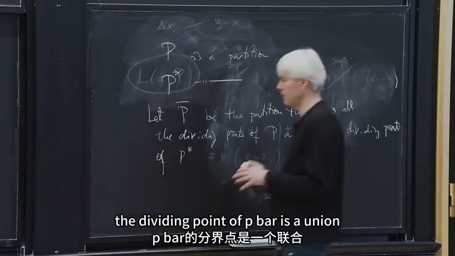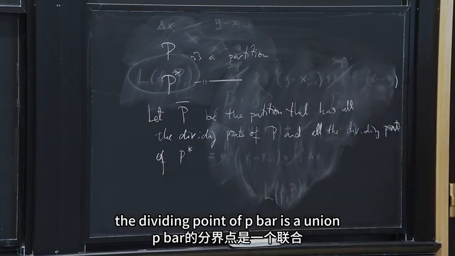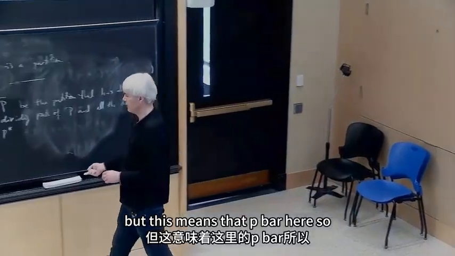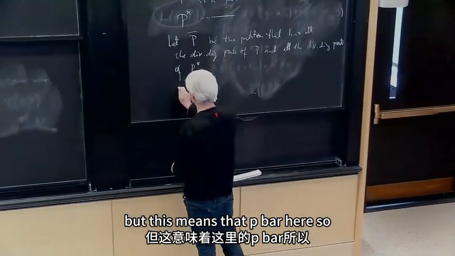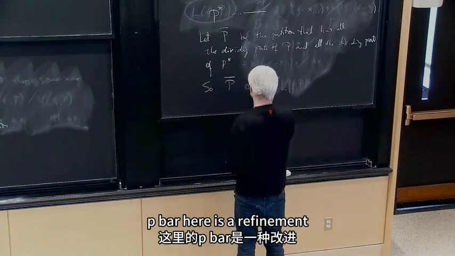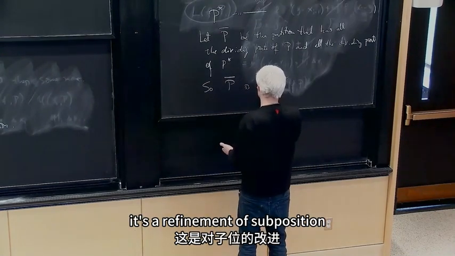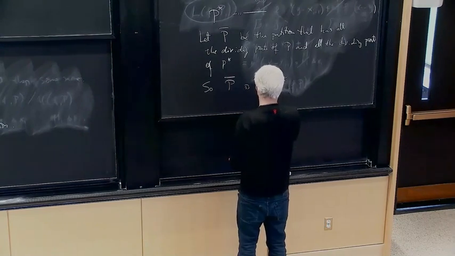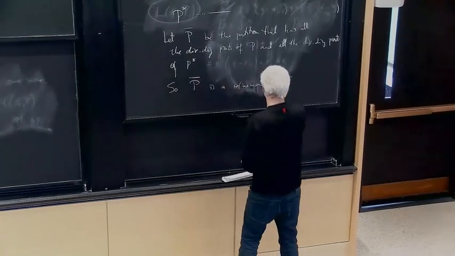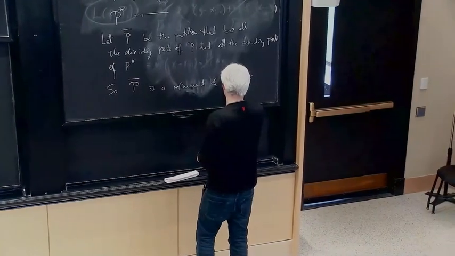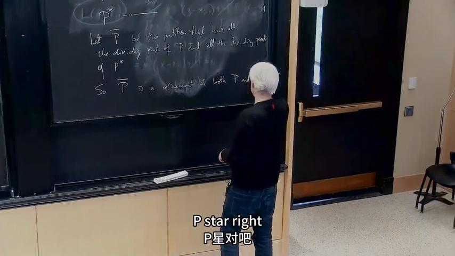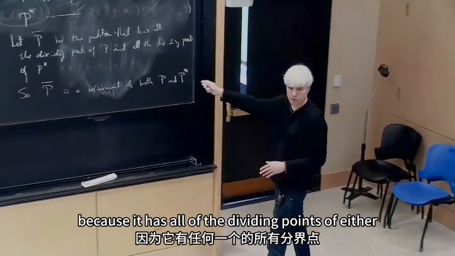Right, so the dividing points of P bar are a union of the dividing points of the two partitions. But this means that P bar is a refinement, a subpartition, of both P and P star, because it has all of the dividing points of either.